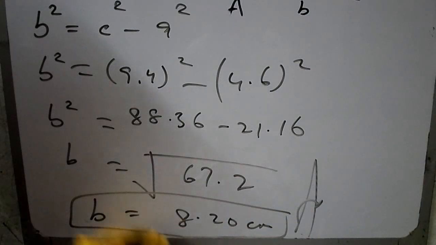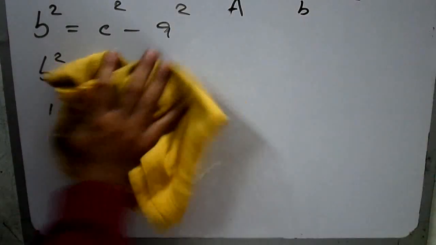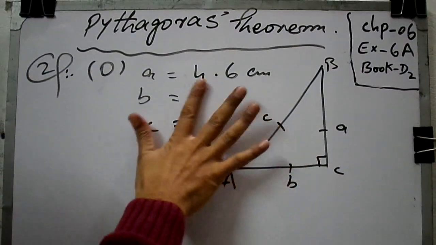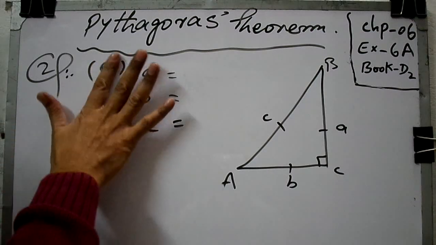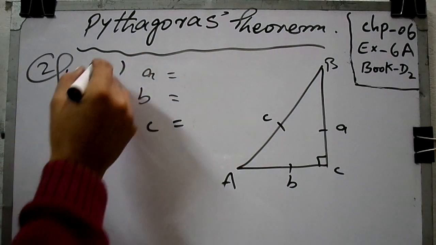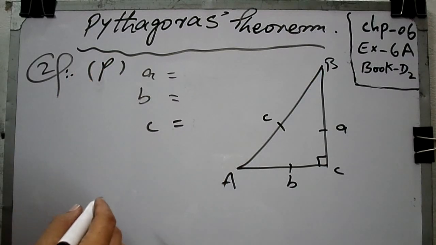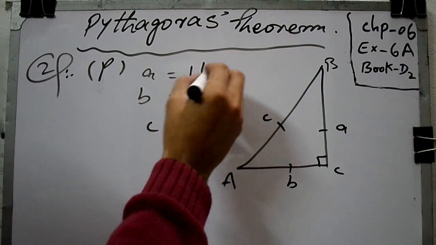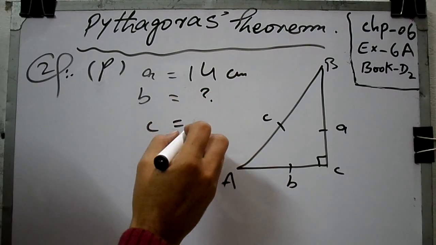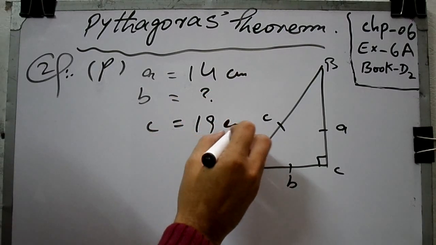Now coming to the P part. In P you can see the value of A is 14 centimeter, the value of B we have to find, and the value of C is 19 centimeter.